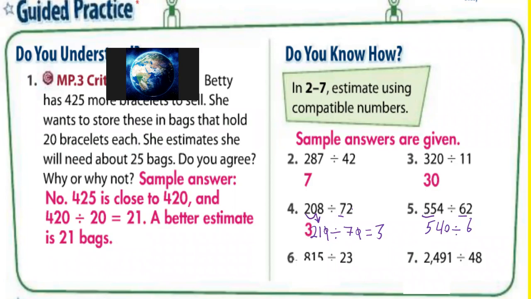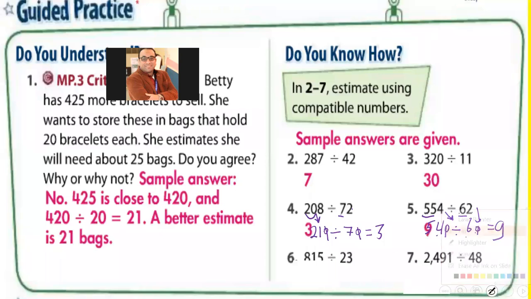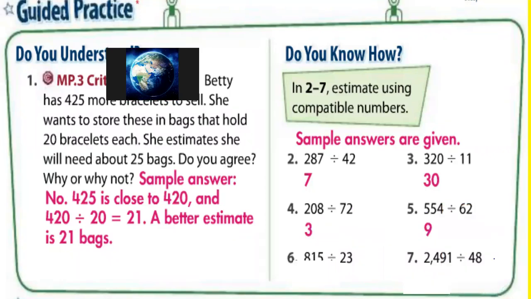I will annex 0 here, equal to 9, as a good estimation. 62 is going to be 60, and 554 is going to be 540. By dismissing one 0 from both sides, it's going to be 54 divided by 6, which is what? 9. A good estimation. Thanks, my dear son. Mister, is there another way to make it? No, justify this way only, and everything is going to be okay.